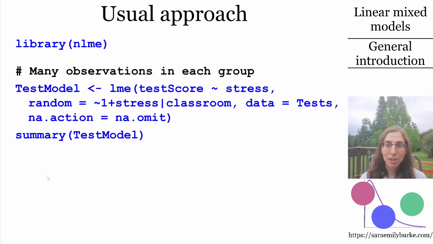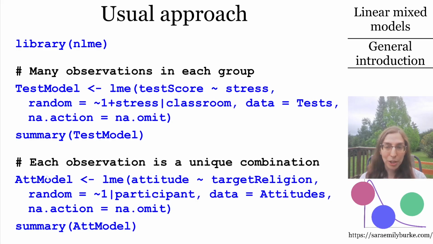As you may recall, the LM function that you're accustomed to by now automatically excludes cases with missing values from the analysis. The LME function is not like that. By default, it simply stops running and gives an error message if it finds any missing values at all. Specifying na.action equals na.omit causes it to automatically exclude cases with missing values, just like LM does.